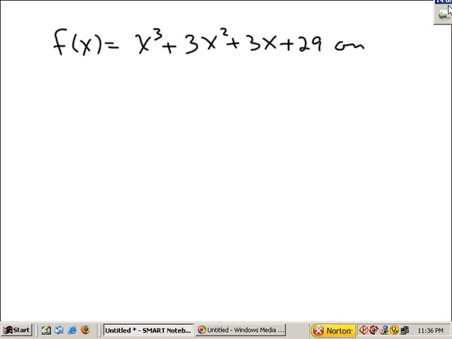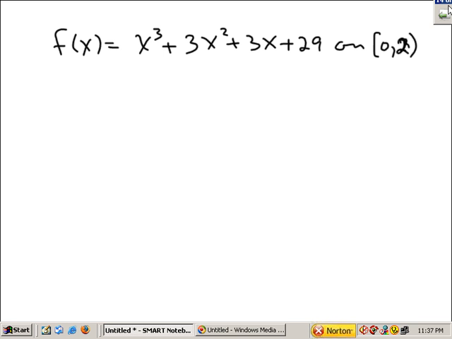And we want to find the extremes of f of x on the interval 0 to 8. Don't include 8. Well, I'm going to say 0 to 2 because I don't want to cube 8. We'll go from 0 to 2.